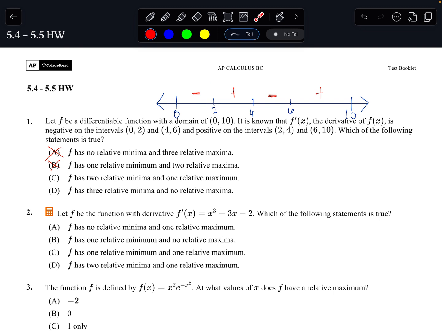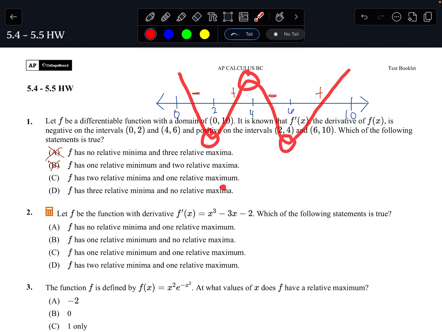We have a maximum, sorry, not at 2, we have a maximum at 4 because we go from increasing to decreasing. So we're decreasing, increasing, decreasing, increasing. So 2 minimum values and 1 relative maximum.